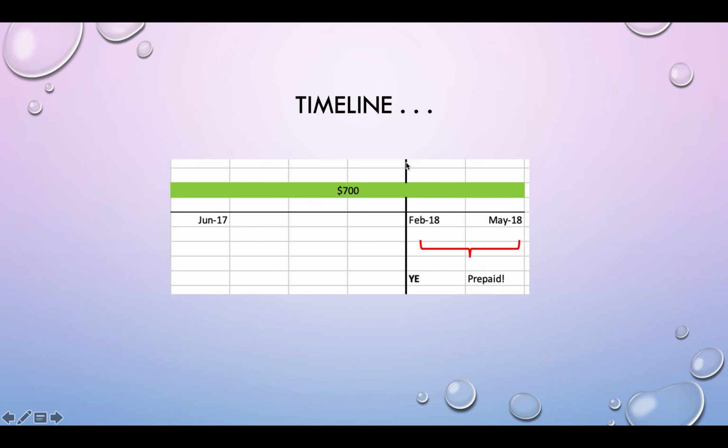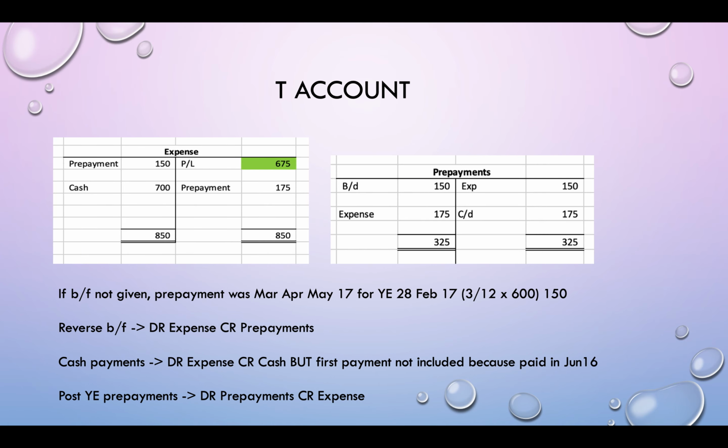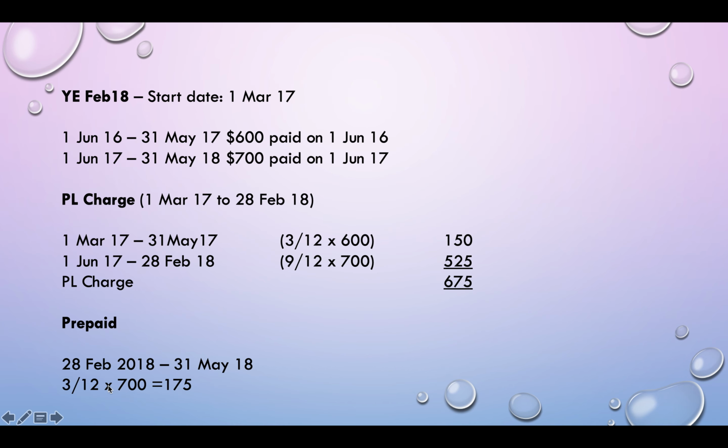There is, however, a cutoff period, that is the year end, the end of February 18, and therefore anything which is after the year end that we have paid in advance is considered as a prepaid expense. And this therefore explains why we have done this calculation, 3/12 times 700.